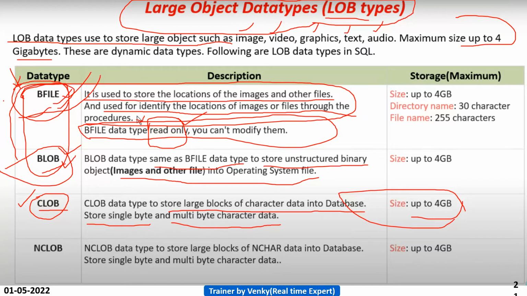Next, NCLOB. As I said, there is a difference between CLOB and NCLOB. NCLOB is used to store national character set languages, other than English.